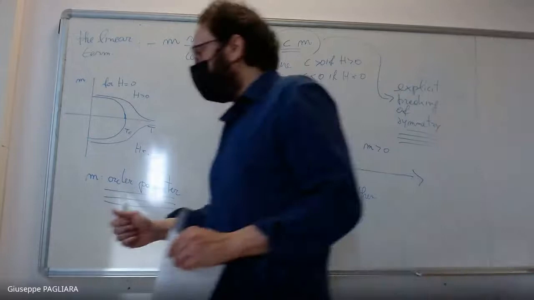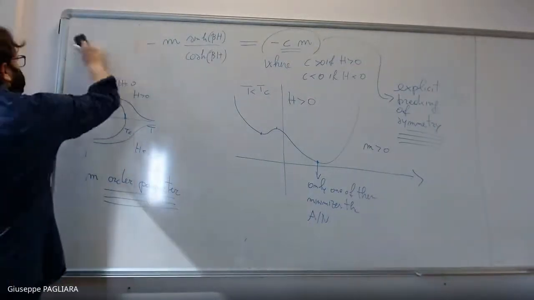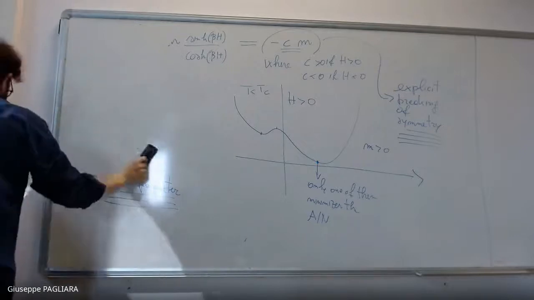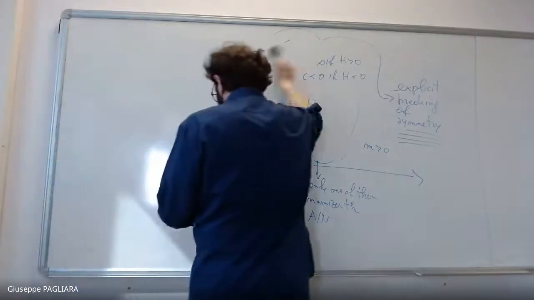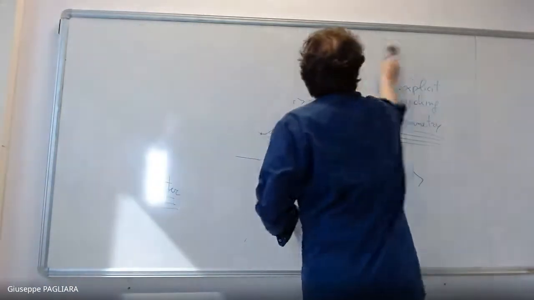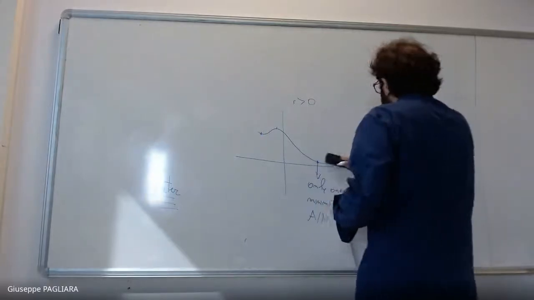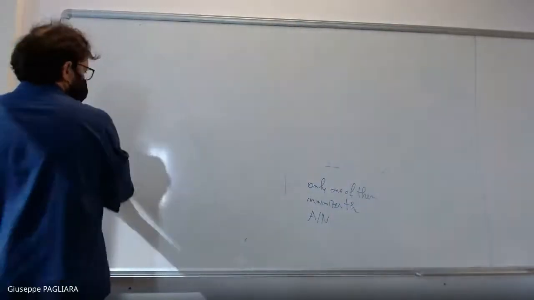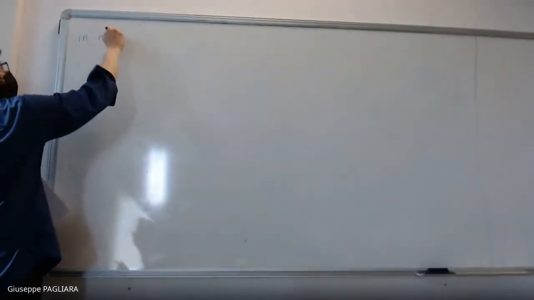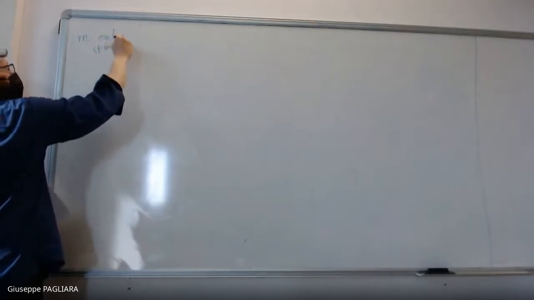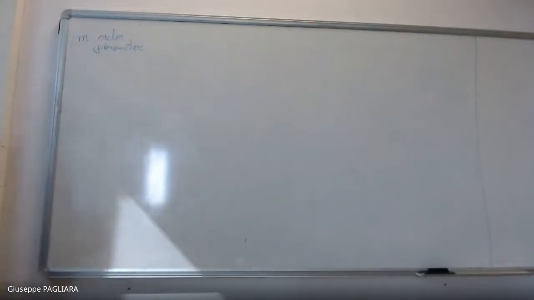Now, let me introduce two of those exponents that are called critical exponents, that are the following. So we said before that m is the order parameter, which in the case of the Ising model is this magnetization.